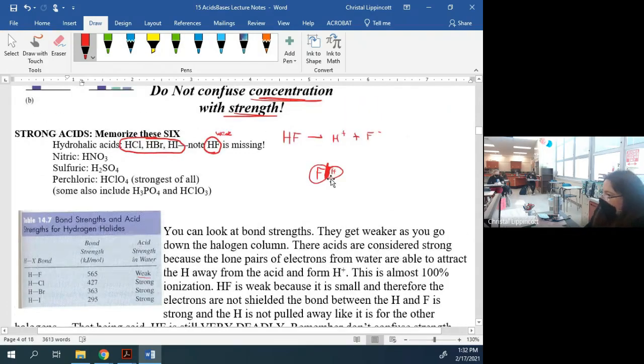You also need to memorize nitric, the first hydrogen of sulfuric. So when you look at sulfuric acid and we're looking to see how it comes apart, we have our H2SO4, and that can't be right, can it?